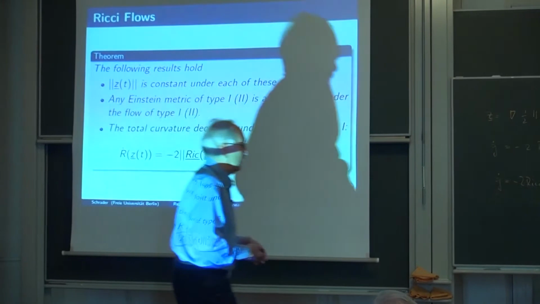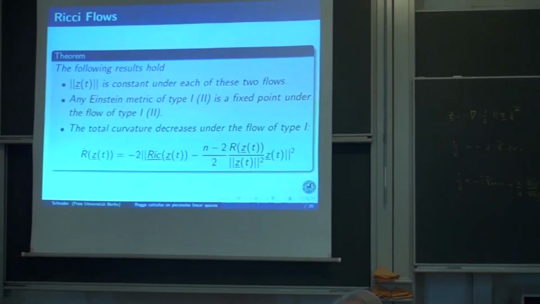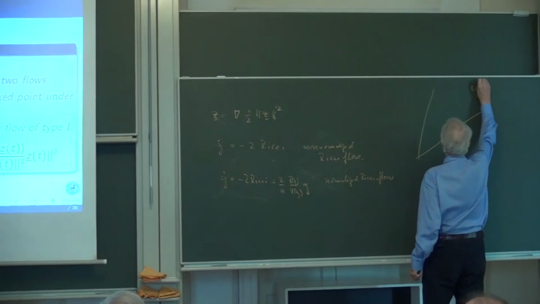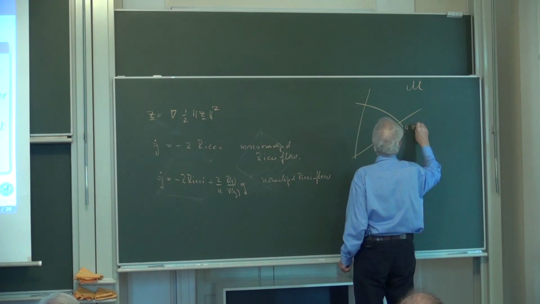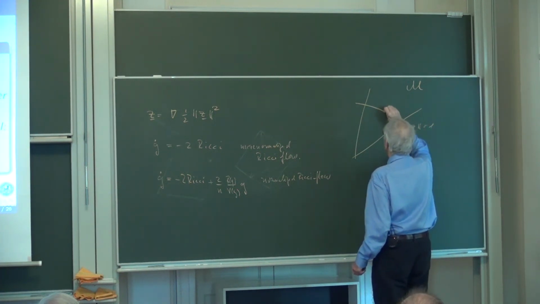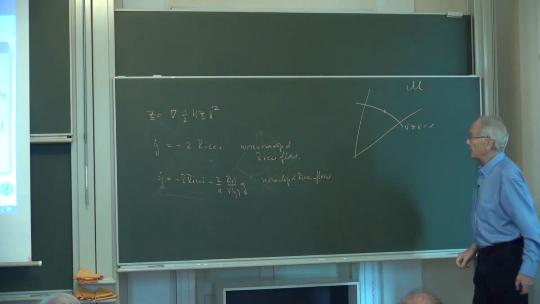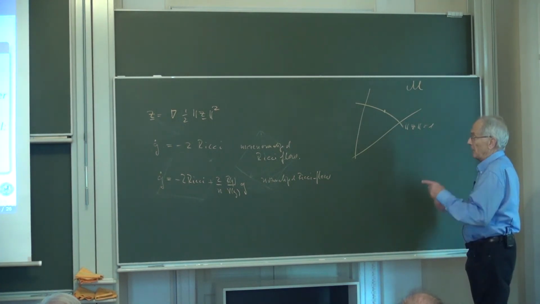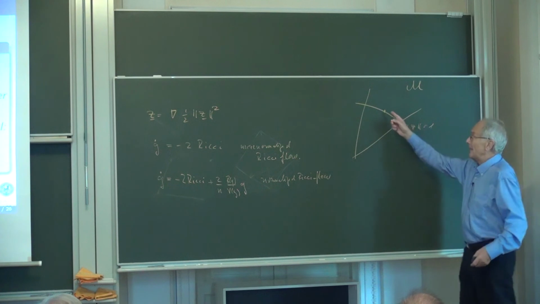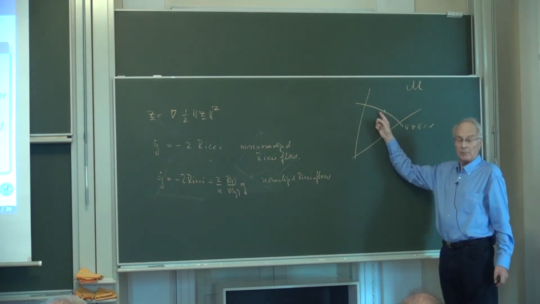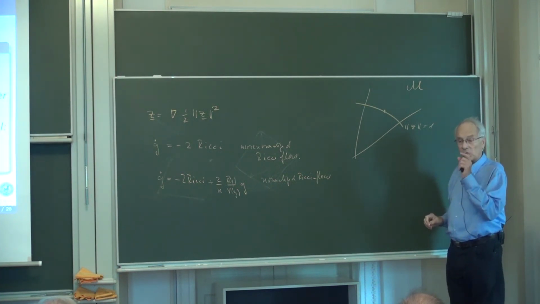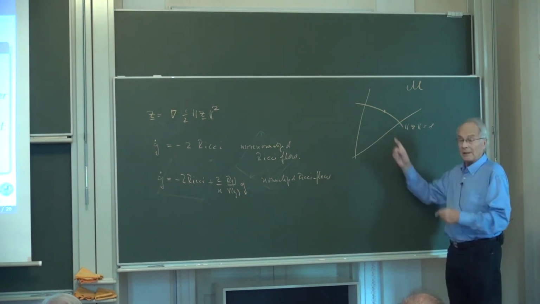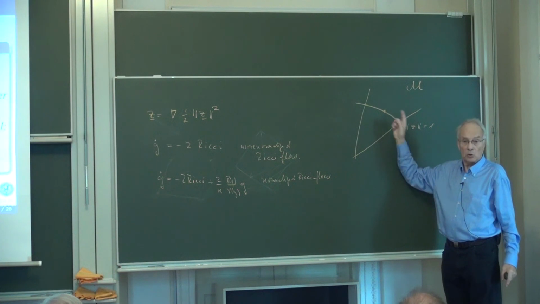Here we can only say, I should have taken the picture geometry here. So this is a space M, and here is the set, let's say volume equal to 1. So you start moving here. And the question is, if you have a local minimum here at one point, then there is a neighborhood, and whenever you start in the neighborhood of this point, the flow will be towards this local minimum.